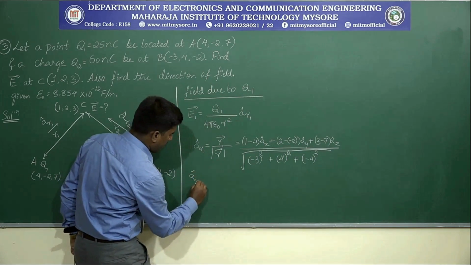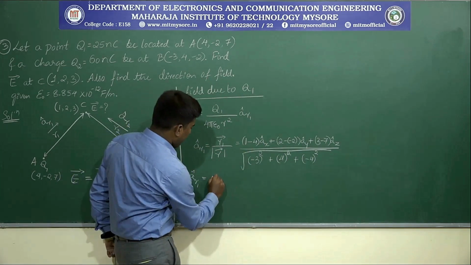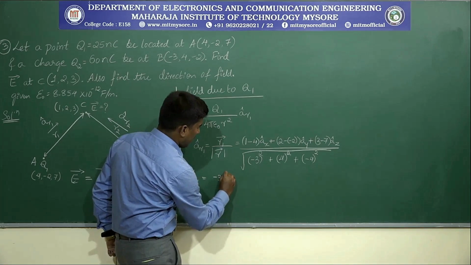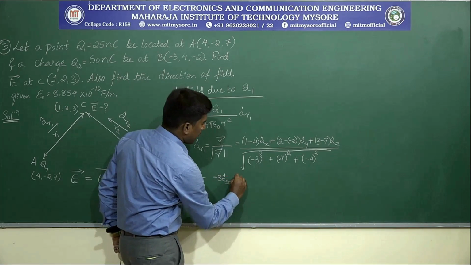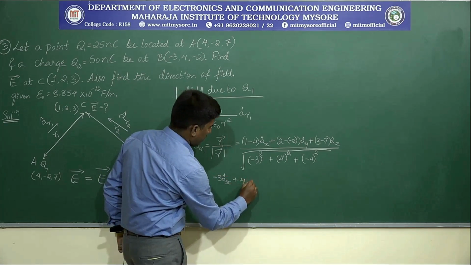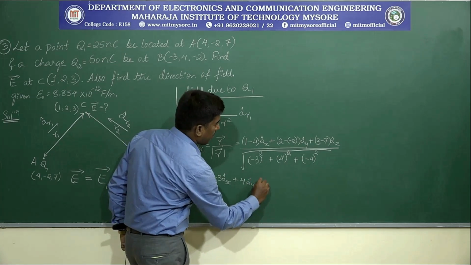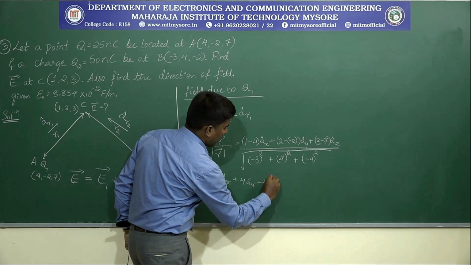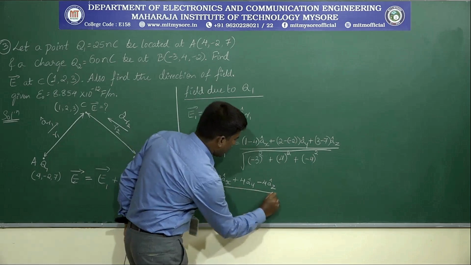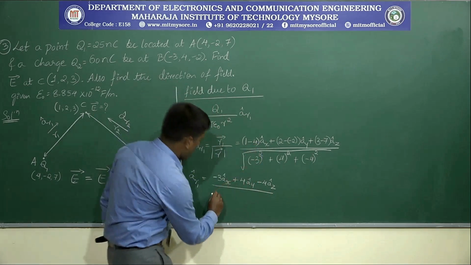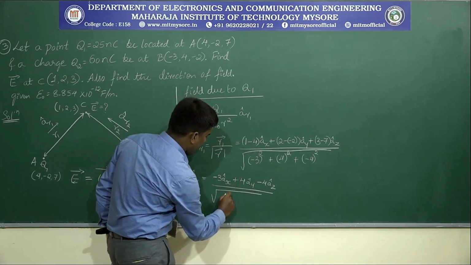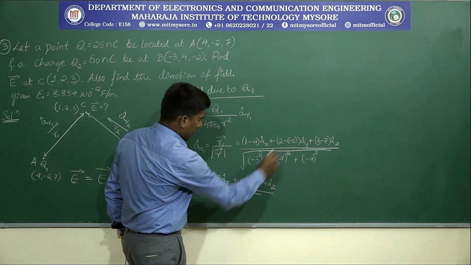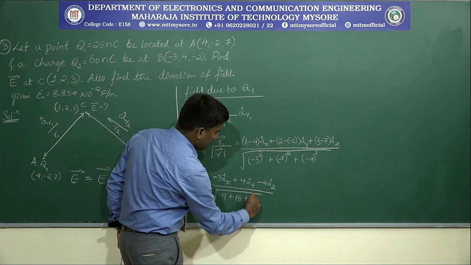A cap R1 is equal to minus 3 A cap x plus 4 A cap y minus 4 A cap z divided by square root of 9 plus 16 plus 16.